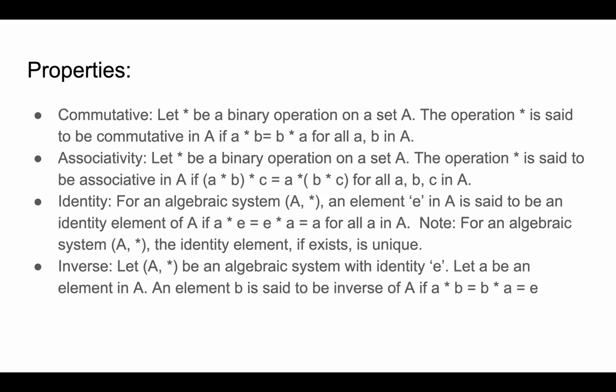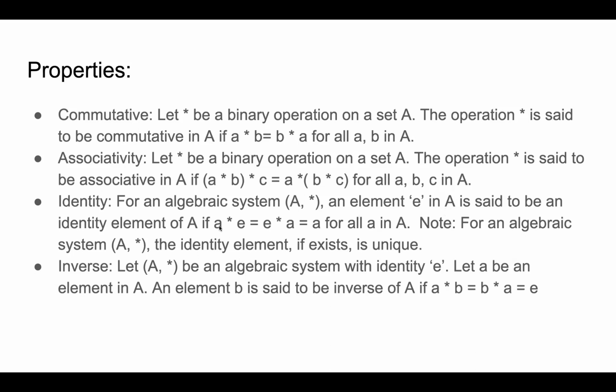Okay. E is the identity element. What is the condition for an algebraic system A star? A is the set of numbers, whatever, and star is the binary operation performed on that set. Then an element E in A is said to be an identity element. E is the identity element from set A. How is it the identity element?